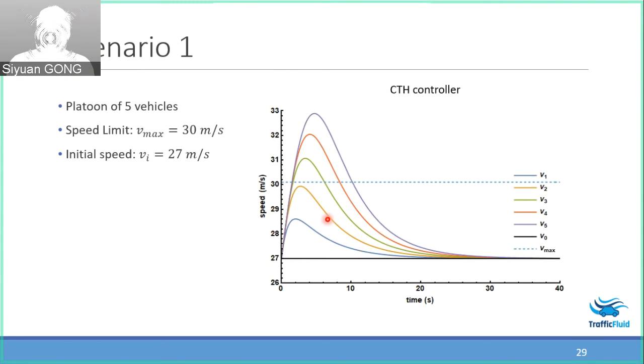This amplitude is enhanced, right? If it's stable, we want to find the amplitude of each vehicle decreasing. But here it may look that it is string unstable. That's what you mean? Yeah, it looks string unstable, but with your nonlinear controller, it's string stable.